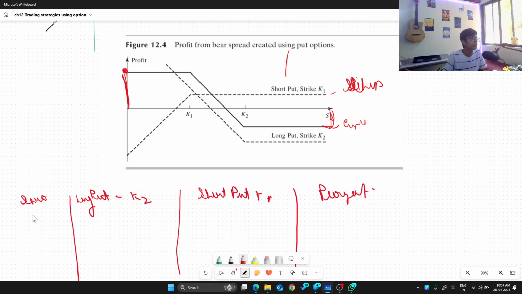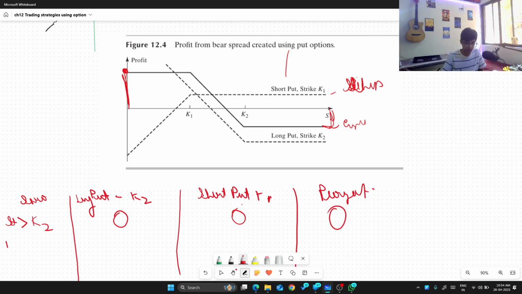Scenario 1, where ST is greater than k2: the payoff of the long put would be 0, and the short put would also be 0, and the total payoff would be 0.